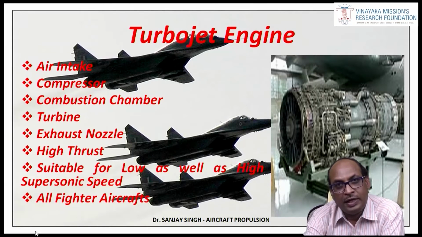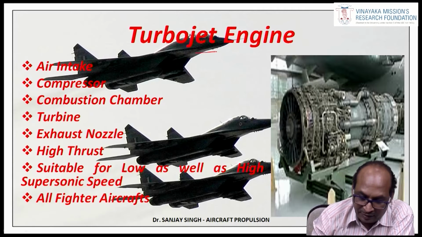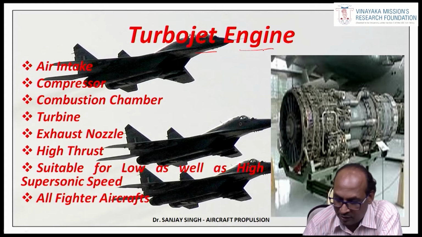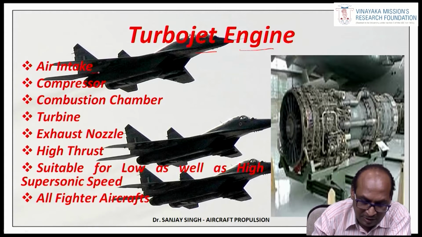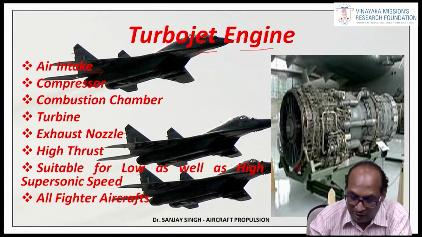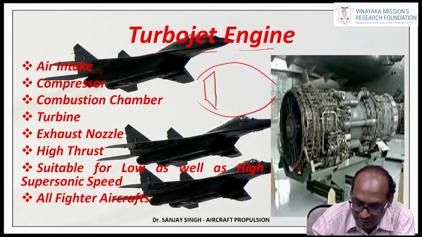Fine. Let us have a complete discussion now. The turbojet engine, as I told, we are going to discuss completely, and I have shown the picture also here. Suppose the engine is made in this way, and it will have a compressor at this place.